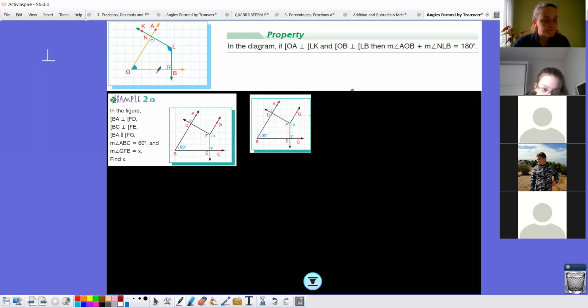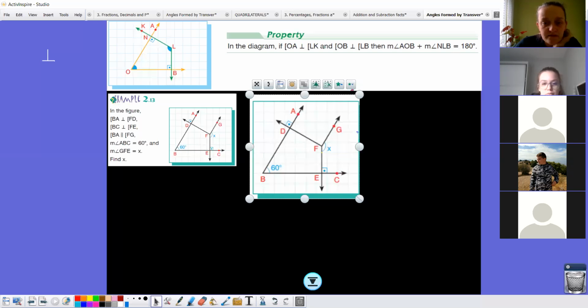Okay, teacher. Now let's see this question here. What is given and what is asked. This is the figure and BA is perpendicular to FD. As you can see, there is a 90 degrees angle here.